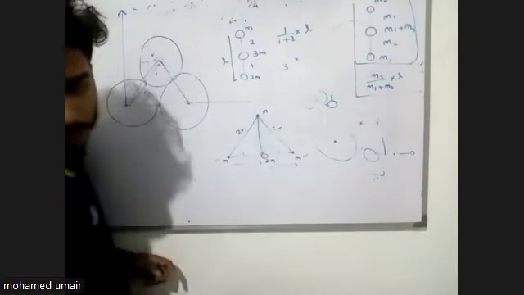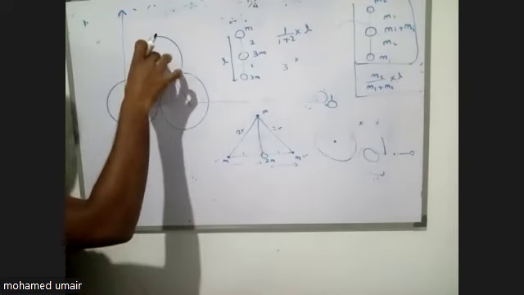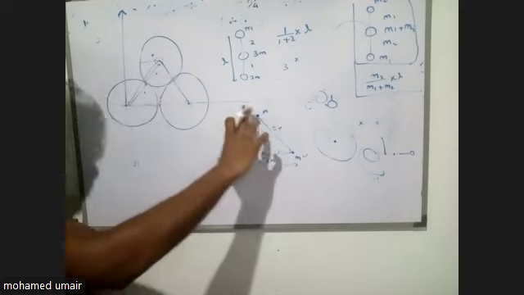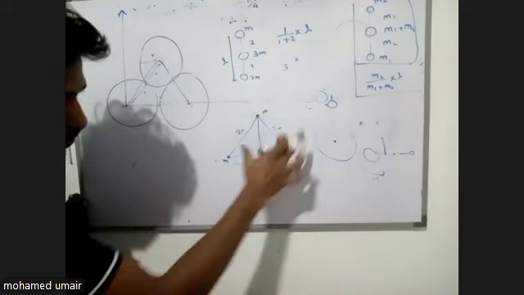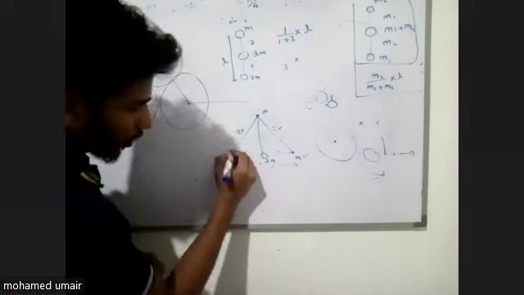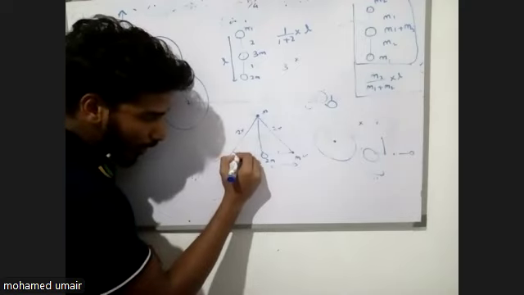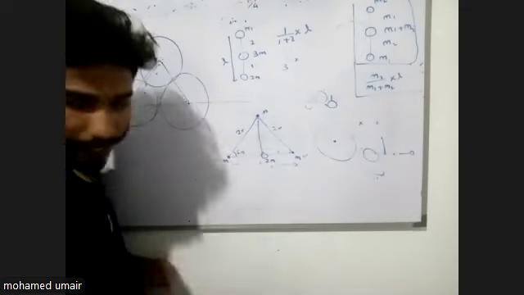What is the length L? That's why I was saying that this is R, this is R. The side length became 2R. So it is 2R, 2R. I said to you, right, it's an equilateral triangle. The angle is 60.